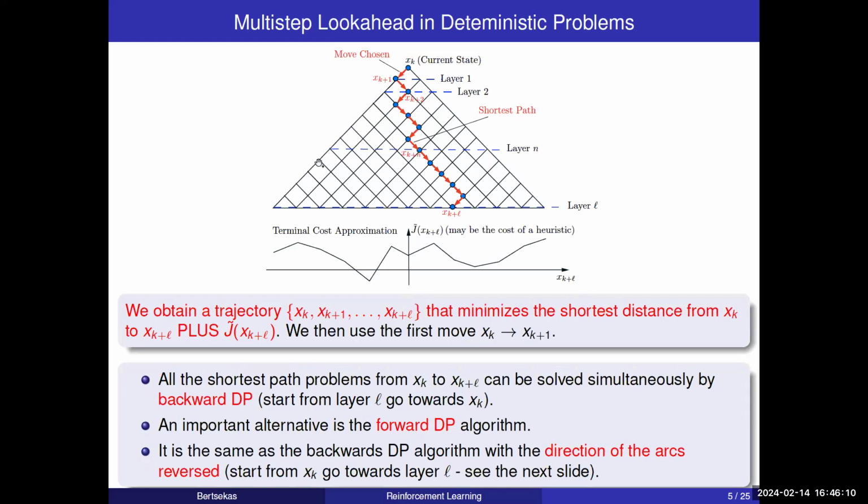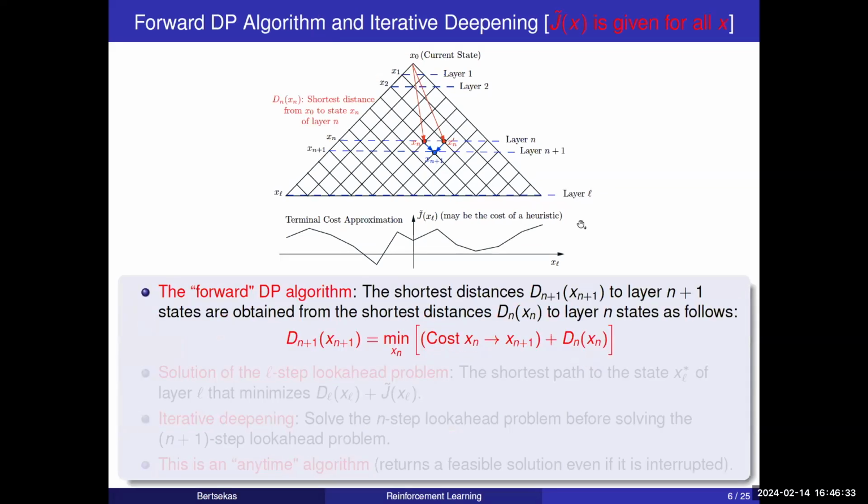So we expand this tree fully down to layer L. And then for each of these states in layer L, we're going to call this different exact dynamic programming algorithm, which I'll show you in the next slide. That's going to start from state xk and move forward to layer L. So let's look at that formulation.